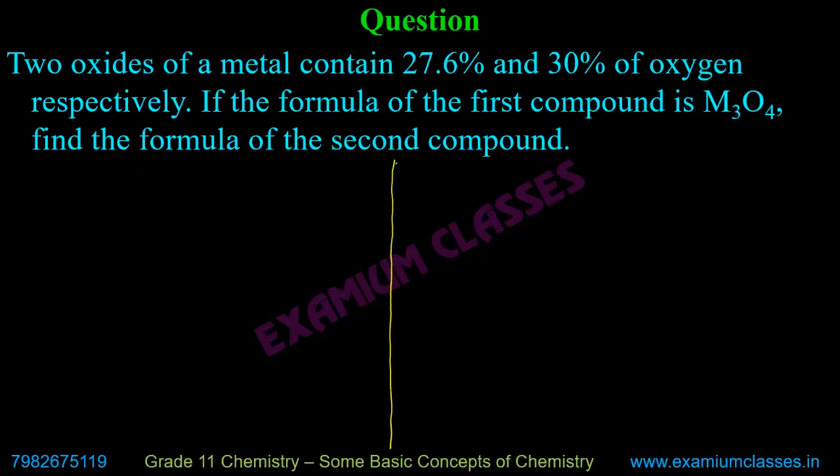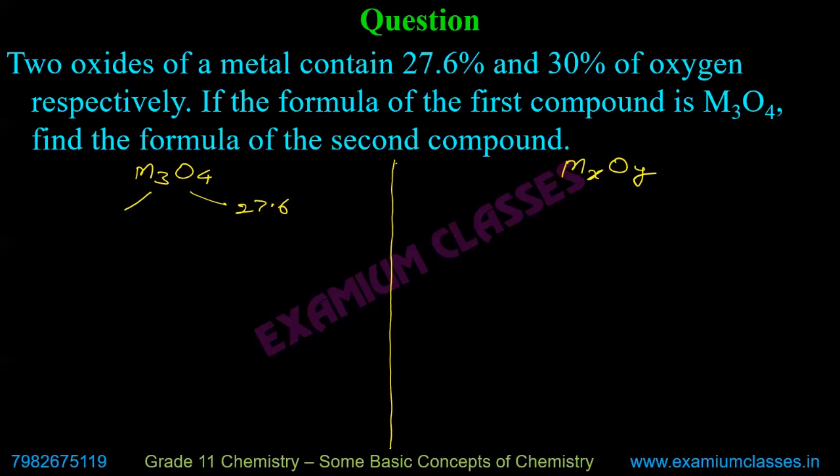You have one metal oxide, M3O4, and the other one is MxOy. In the first case, you know oxygen is 27.6%. This one will be some percent. You consider it as 100.